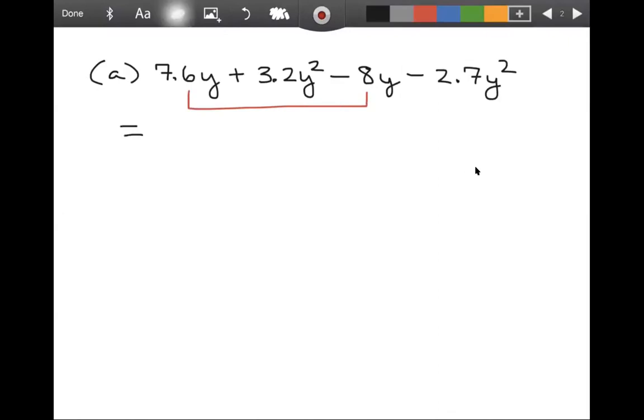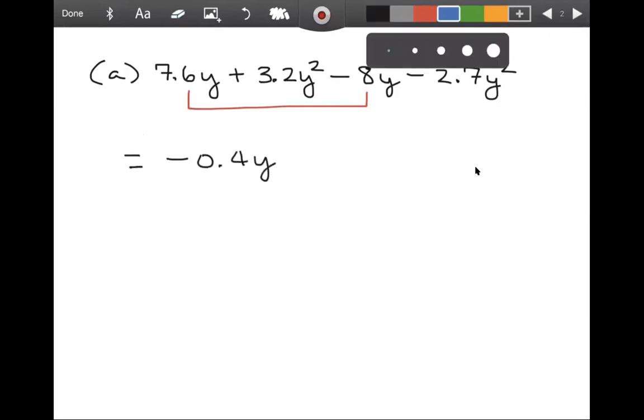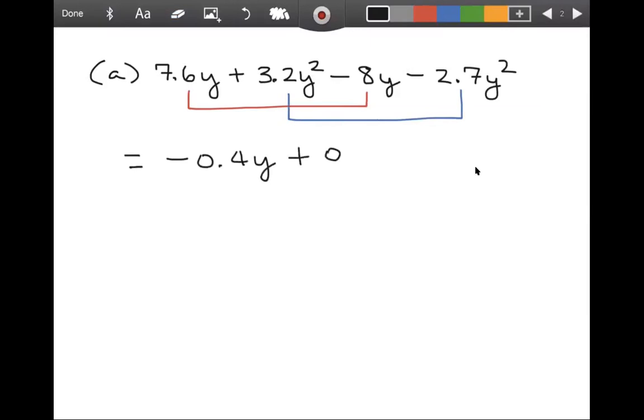And if we do the operation on those coefficients, 7.6 minus 8 is -0.4. So that gives us -0.4y. And then I'll do the same thing with the y squared terms. We have 3.2y squared minus 2.7y squared. And that's going to give us plus 0.5y squared.